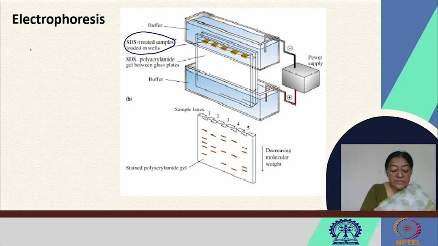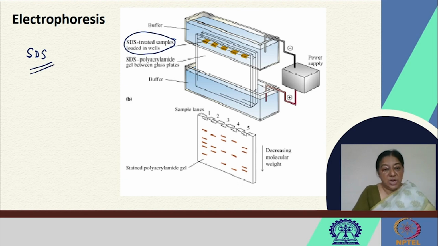What sodium dodecyl sulfate does is it renders the molecules negatively charged. So all the protein molecules become negatively charged, as a result of which they all move towards the positive electrode. Now, the movement towards the positive electrode through the gel network is therefore going to be according to their size.